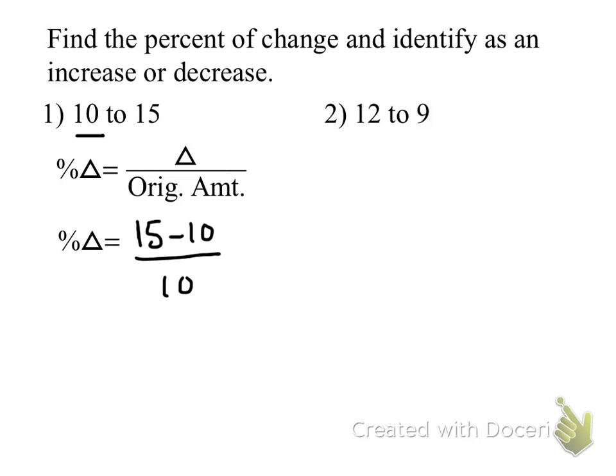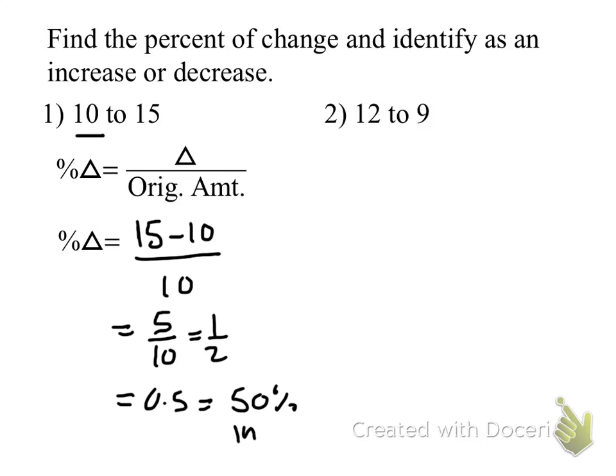And so what does that simplify to? 5 over 10, which reduces to 1 over 2. And what percent is that? Do we know? 50%. It's 0.5, which equals 50%. Is that an increase or a decrease? Increase. Good. Okay, next one.